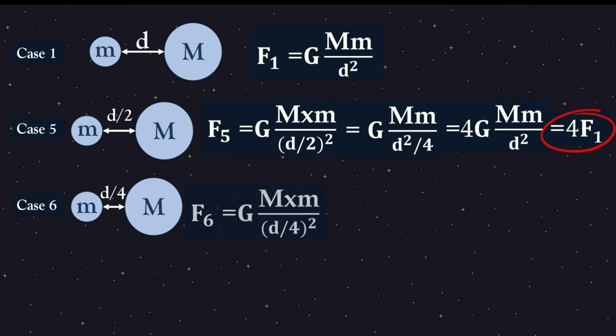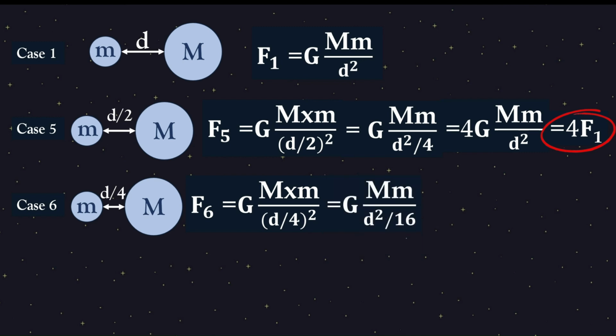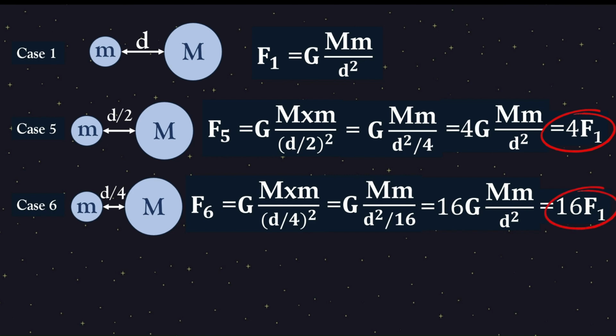Now the force of attraction will be equal to G into Mm divided by (d by 4) the whole square, which will be equal to GMm divided by d squared by 16, which we can write as 16 into GMm divided by d square. Comparing it with the first case, we can see that it became 16 times the force of the first case, which means if we cut down the distance between the bodies to 1/4, the force of attraction will be 16 times the force in the initial case.